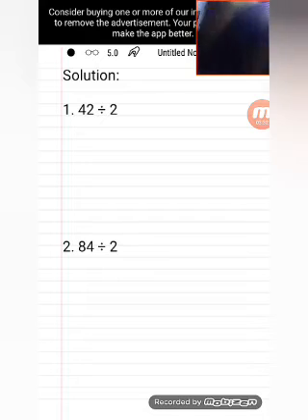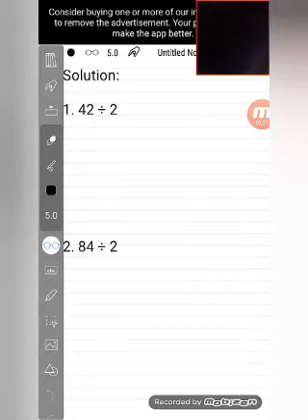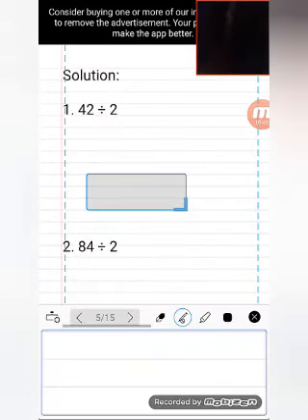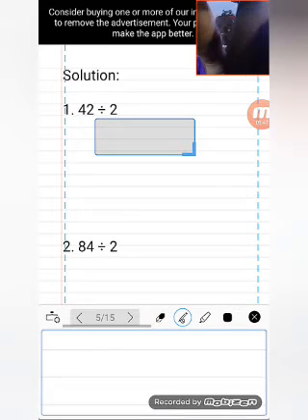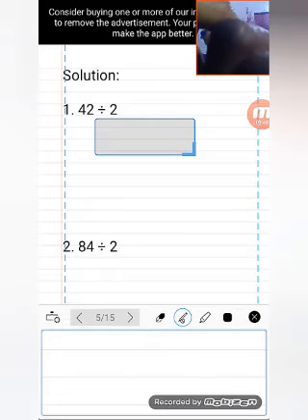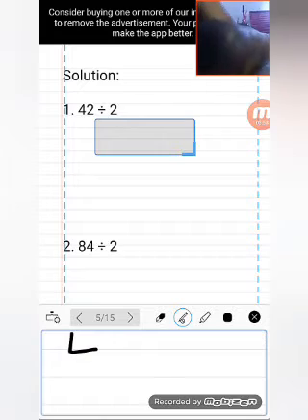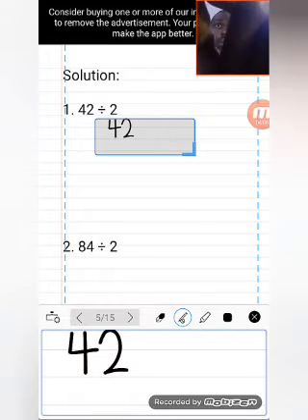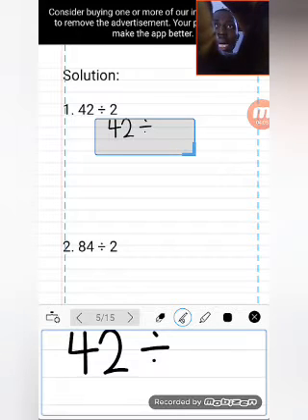Now we are going into it proper to see how we do them. Yes, this is how we do them. So let's look at the first one, which is 42 divided by 2. We can write it out first: 42 divided by 2.